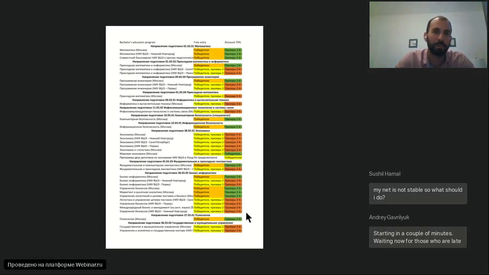just mathematical results in terms of admissions.